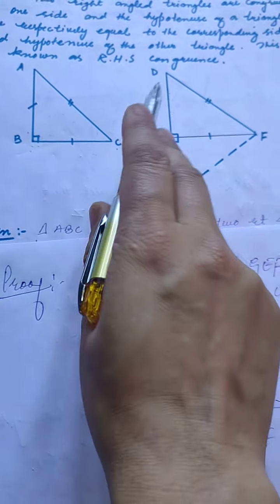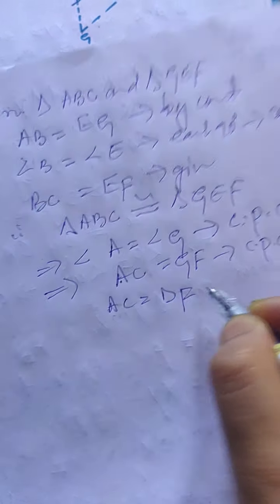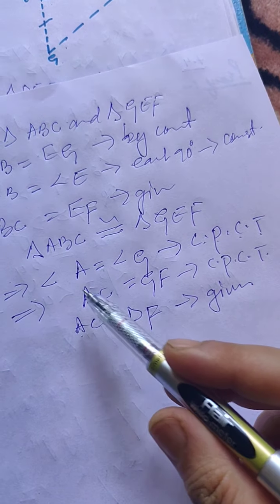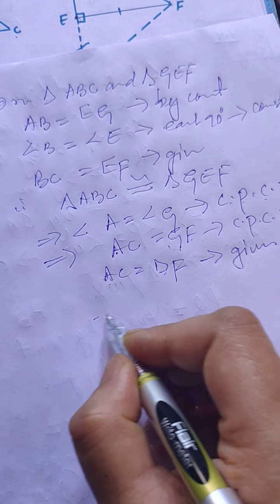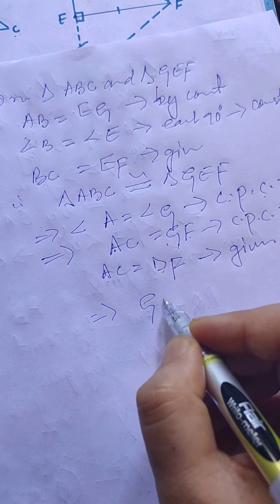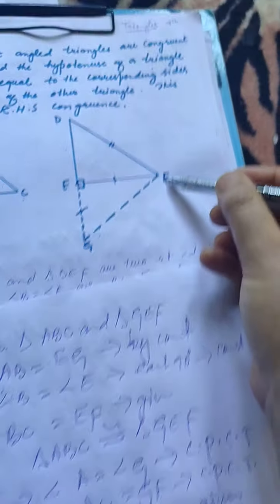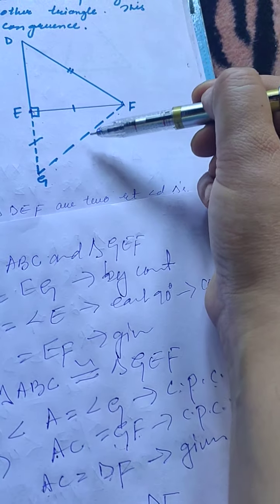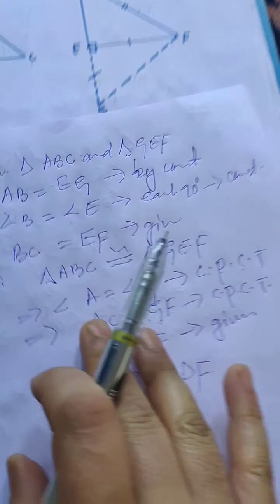Now, as per the given condition, AC is equivalent to DF. This is given condition. And I have already proved here AC is equal to GF. So these two steps imply GF is equivalent to DF. Also, if these two sides are equal, then angle D is equivalent to angle G. Why?